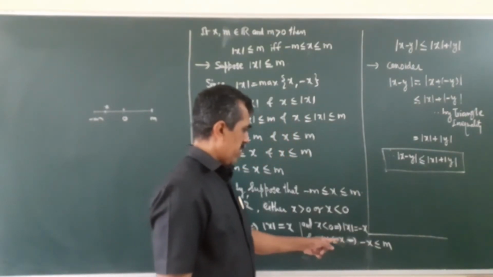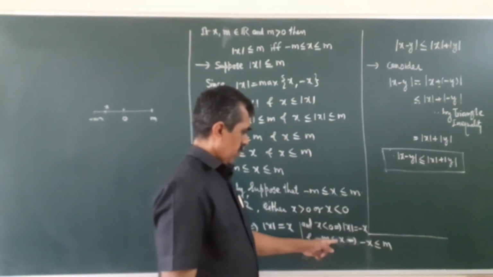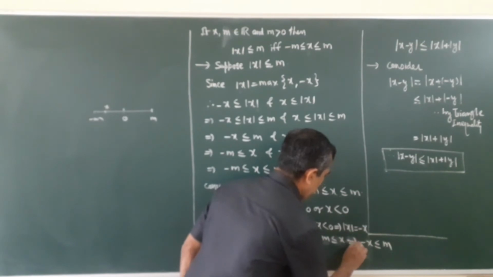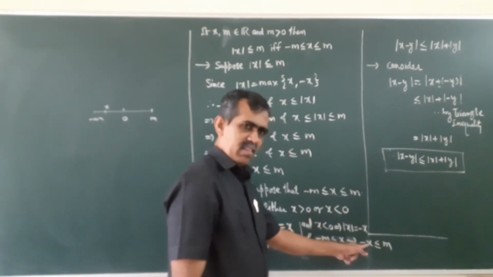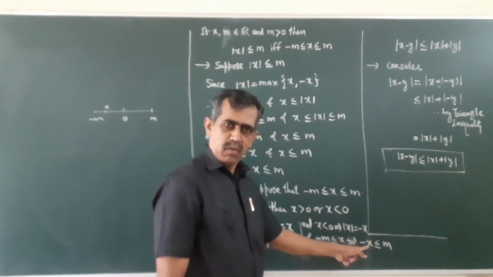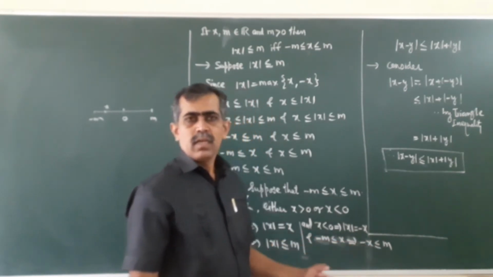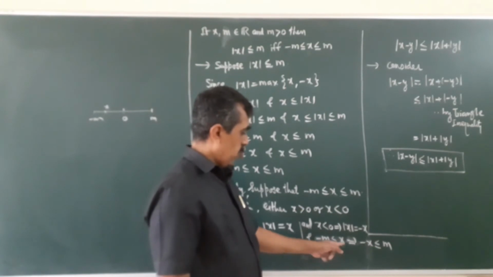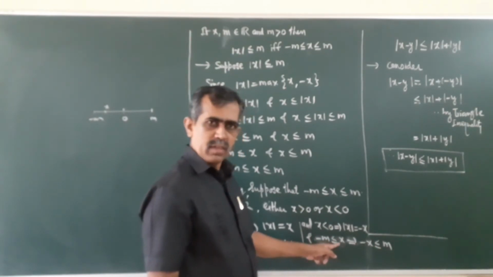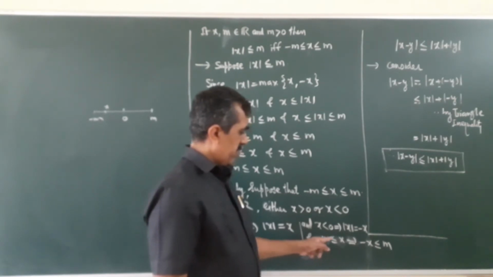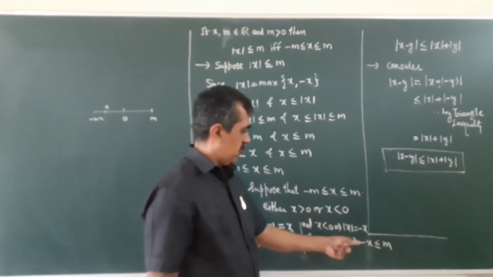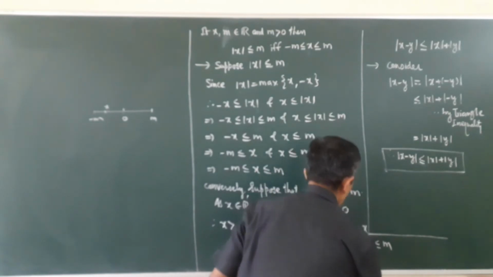Multiply both sides by minus 1. The inequality will change if you multiply by a negative number. So I multiply both sides by minus 1: this minus minus will become plus, and this will become minus, and the inequality will change. So, minus x is less than or equal to m.